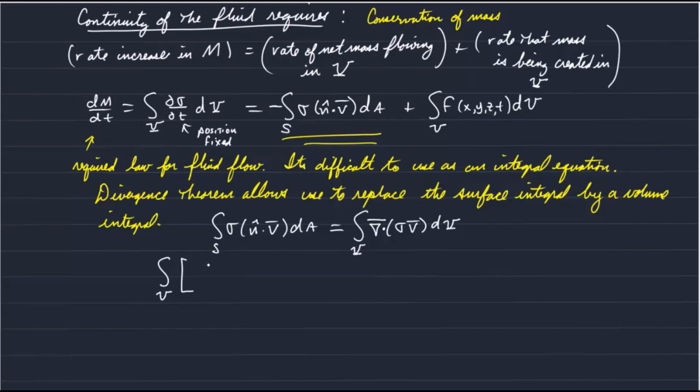So we have a partial derivative of sigma with respect to t plus divergence of sigma times v, which is the second term here, minus f, which can vary in 3D space as well as time, which is our source term, times dv.